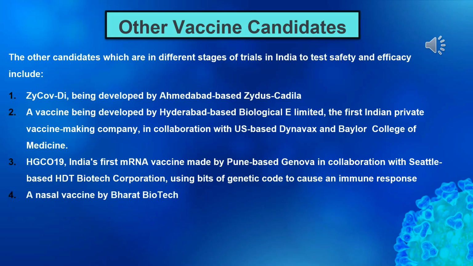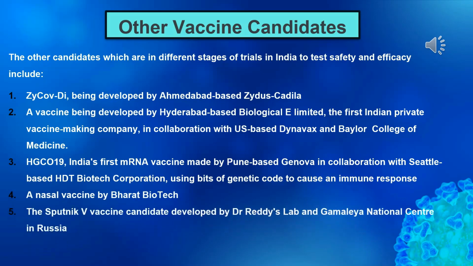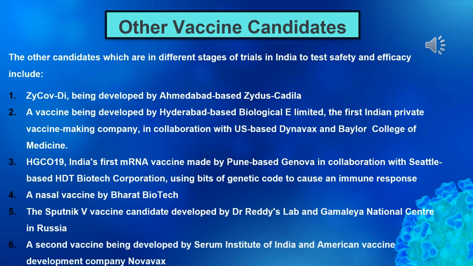A nasal vaccine by Pfizer-BioNTech. 5. The Sputnik V vaccine candidate, developed by Dr. Reddy's Lab and Gamaleya National Center in Russia. 6. A second vaccine, being developed by Serum Institute of India and American vaccine development company Novavax.